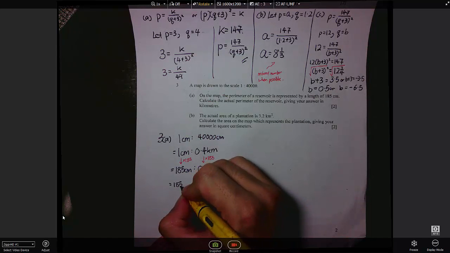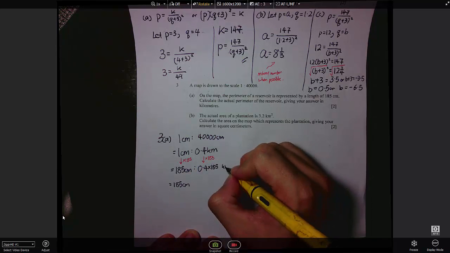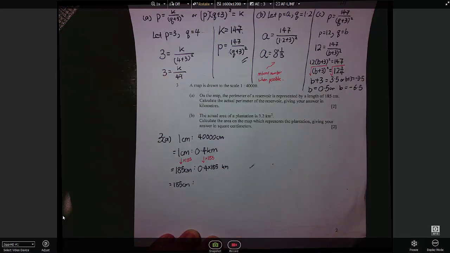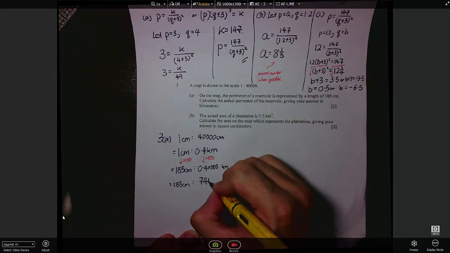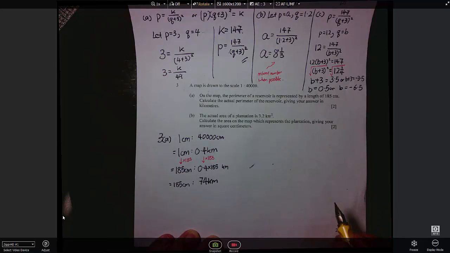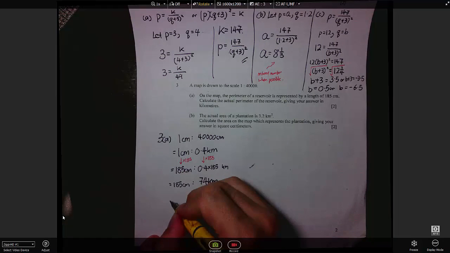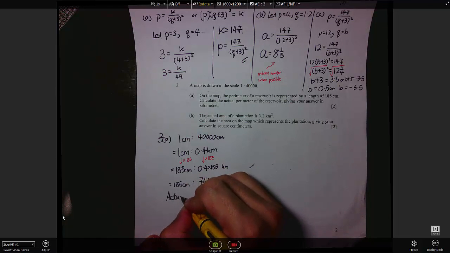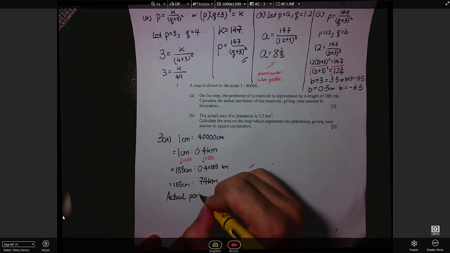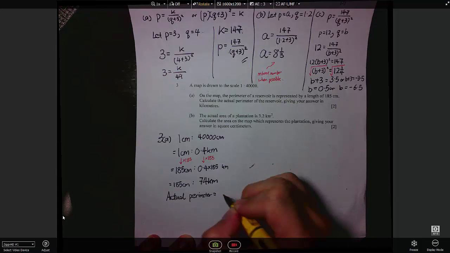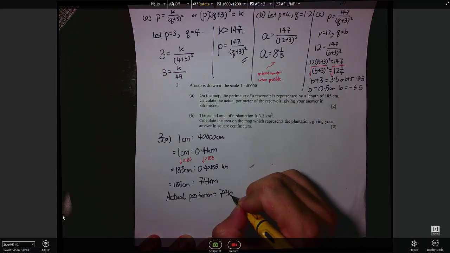So it means that 185 cm on the map will represent 74 km in real life. So write a statement, which many of you failed to do: actual perimeter equals 74 kilometers.